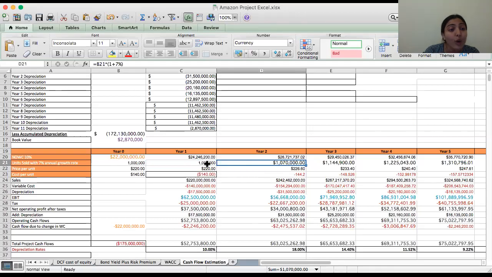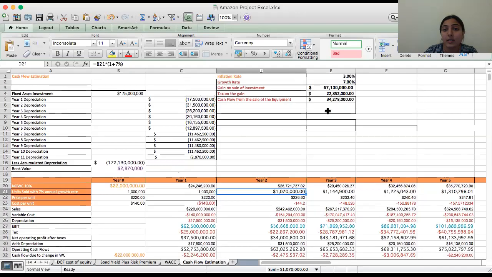And now for the price per unit, that is $220, was given in my problem, and also the cost per unit, 140, was also given in my problem. In order to find the price for all the other years, I used price 220 multiplied by 1 plus the 3% inflation rate.